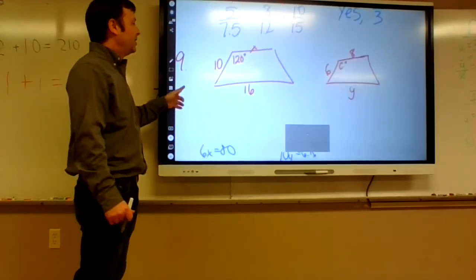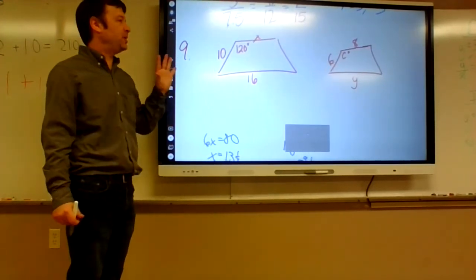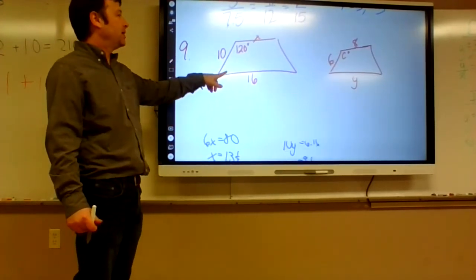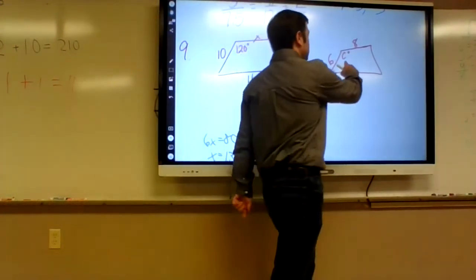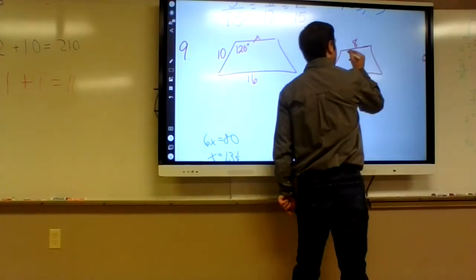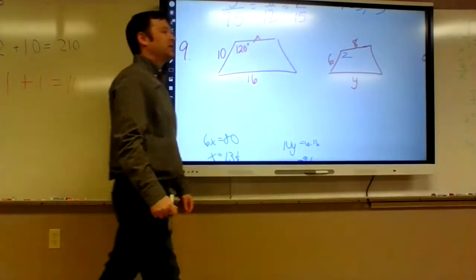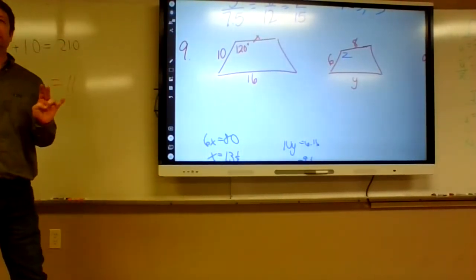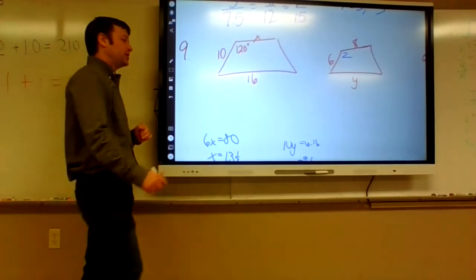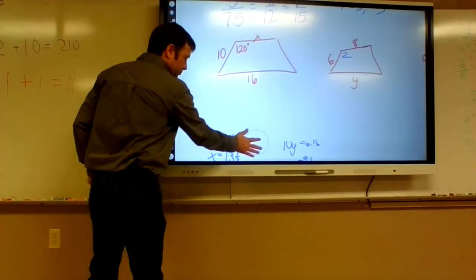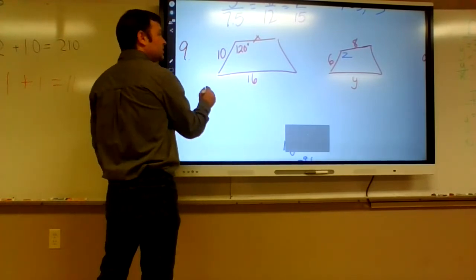Okay. Number 9 is supposed to be easier, hopefully. There's 3 variables, x, y, and let's call this z instead, to find out here. All right, how do I set up for x real quick? 6 over 10.